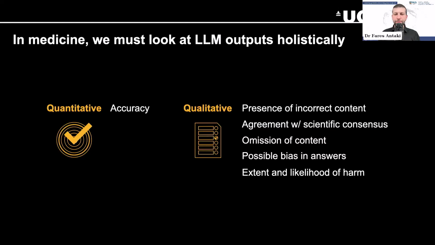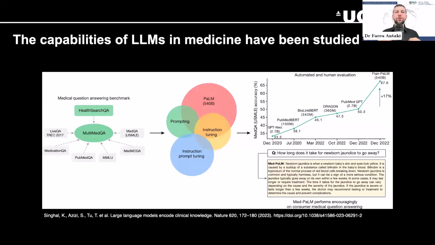This evaluation framework has been described in seminal work by Karan Singhal and the Google team, and that was published in Nature in 2023. And that same paper showed really impressive results for language models.